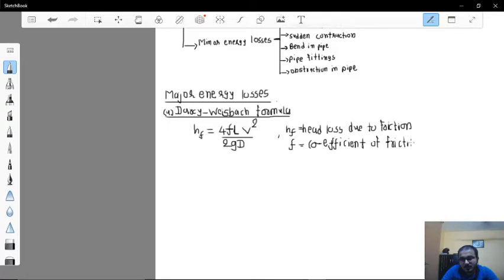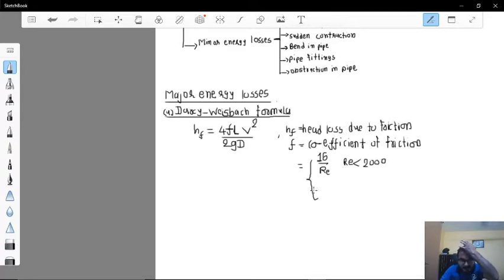And here value of f varies in accordance with the Reynolds number, which is given in this way: 16 upon Re, when Re is less than 2000, that is viscous flow.